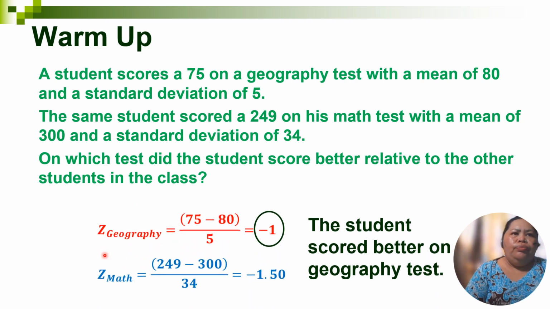Okay, so the z-score for geography is 75 minus 80 over 5. That's negative 1. While the z-score in math is 249 minus 300 over 34, that's negative 1.50. So that means the student scored better in the geography test.